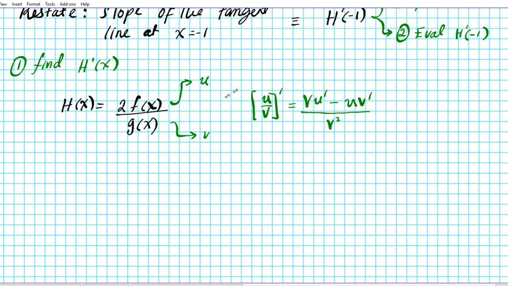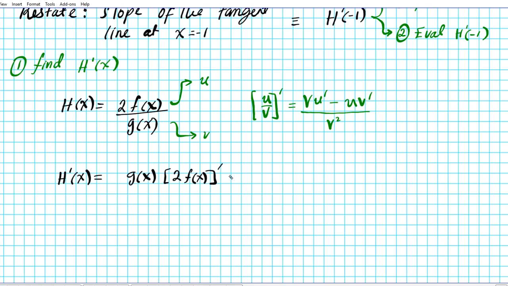We are now going to apply it here. Note that 2f of x is u, okay? There's another way that this can be done, but let's just do it this way right now. Alright, so we want to find the derivative h prime of x. The next step is to apply the formula to this situation here. So we have, what do we have? v, which is g of x, times u prime, which is 2 times f of x prime.